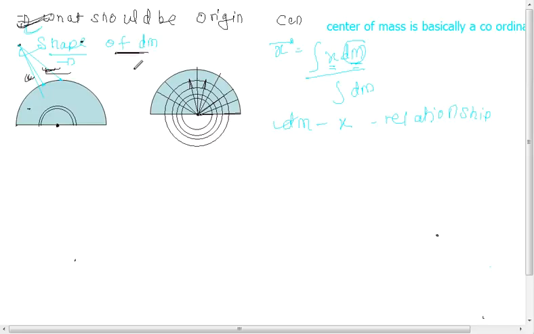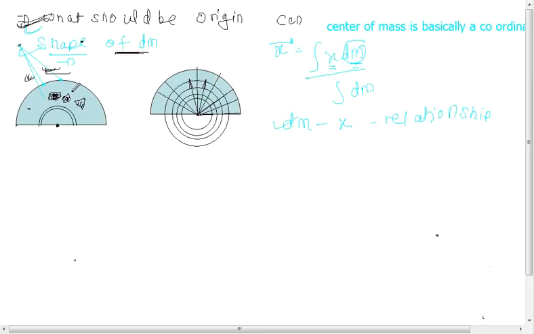Let's suppose my infinitesimal mass may be in this shape, it may be in this shape, it may be in various shapes.